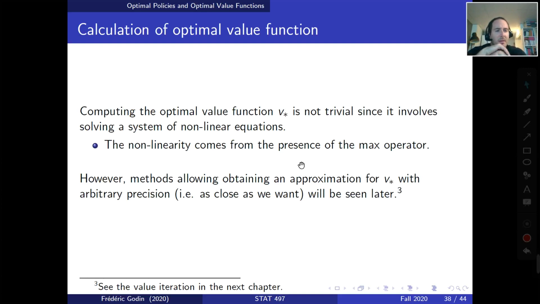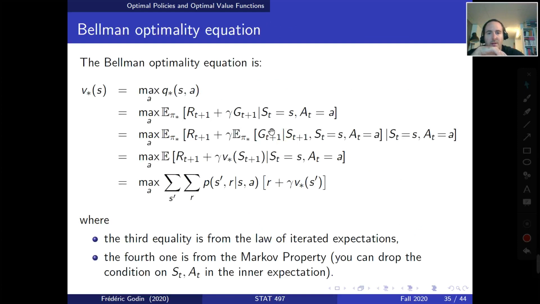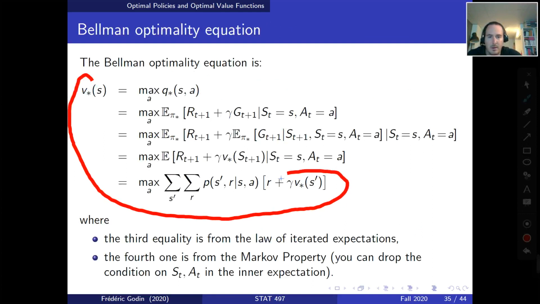Okay, so what do we mean nonlinear equations? Let's go back here. So I'll show that this is the second Bellman equation we had. Here, maybe I'll circle it. So here, the only unknown quantity in this equation is V star.